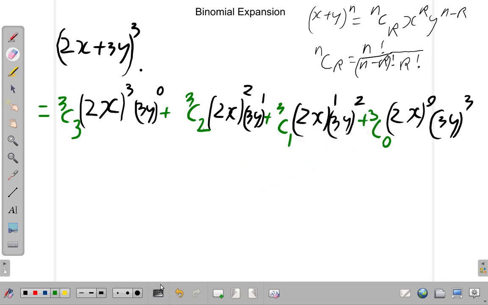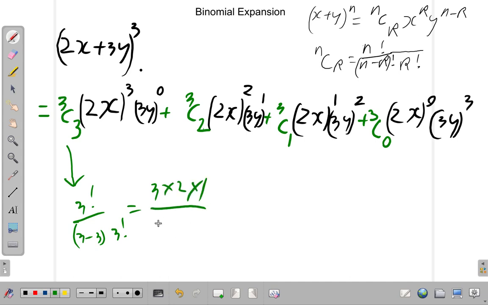Now here, what we have is 3c3. The number here is 3 factorial over 3 minus 3 factorial times 3 factorial. So it's 3 by 2 by 1 divided by 3 minus 3 factorial. 0 factorial is 1.